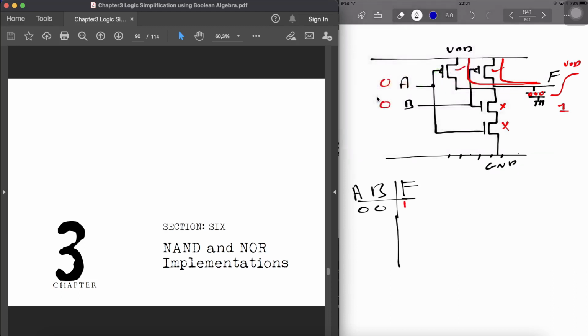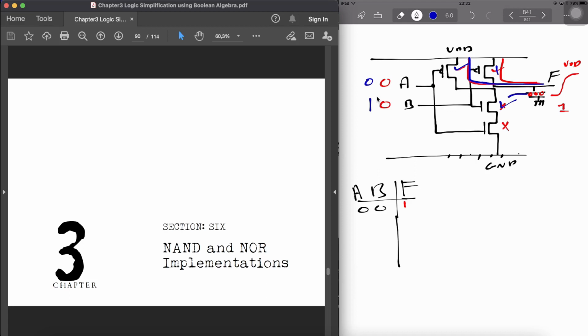Let's say I want to keep A 0 and B as 1. So at this point, A's PMOS is still on, B's PMOS is off, B's NMOS is on, and A's NMOS is off again. Now, we still have a path that can charge the output.